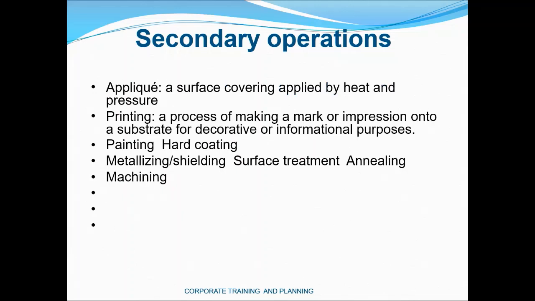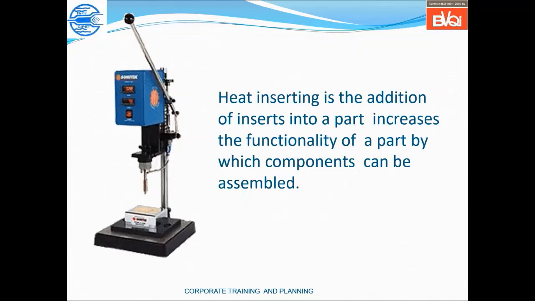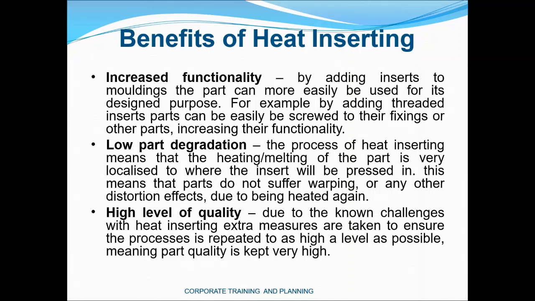Next type is rotational molding, by rotating the die. Rotational molding is a process used to make hollow plastic parts. Type of machine, current areas of use, material characteristics, common material applications.